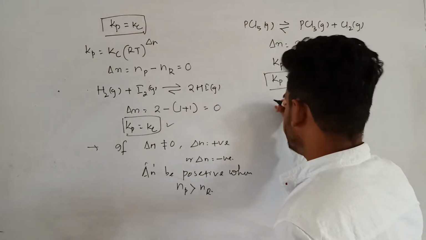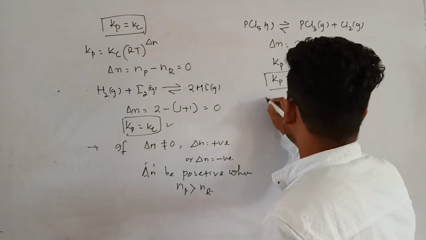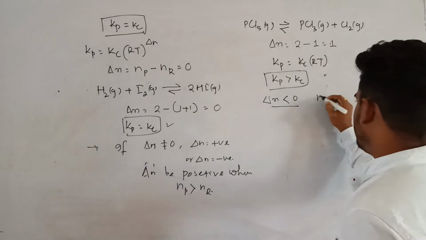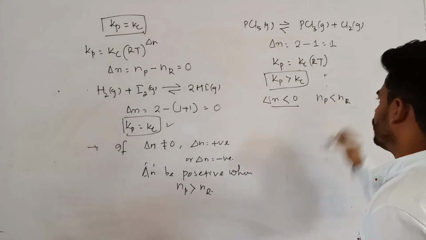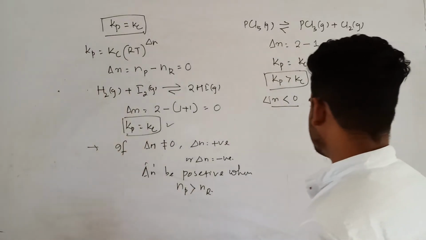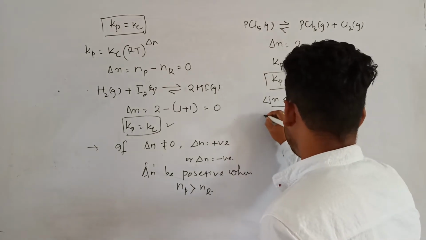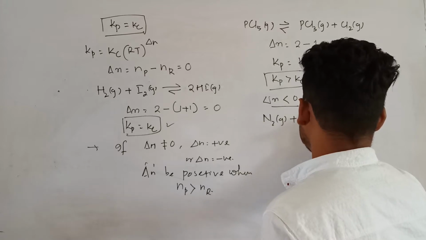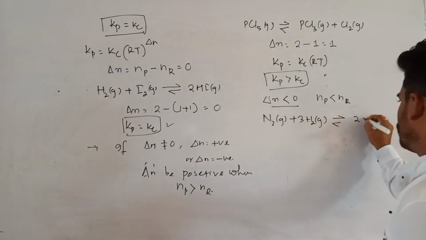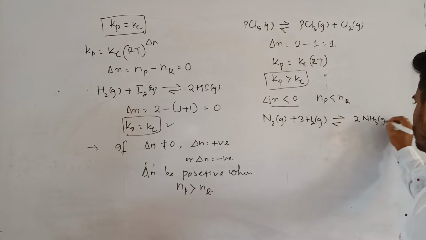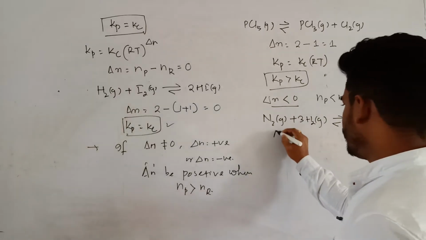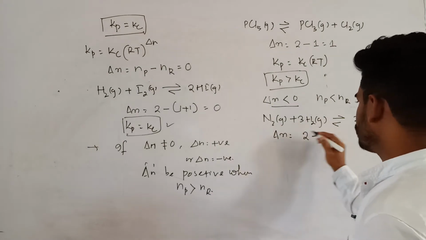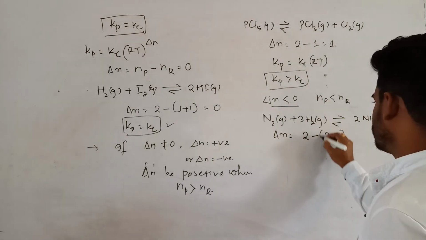Clear? Next, if del n is negative, del n is less than 0, that means Np is less than Nr. In this case, let's say I am considering an example, that is N2 gas plus 3H2 gas giving rise to 2NH3. Here, if I calculate del n, that is number of moles of product, that will be 2, minus number of moles of reactant, that will be 3 plus 1.